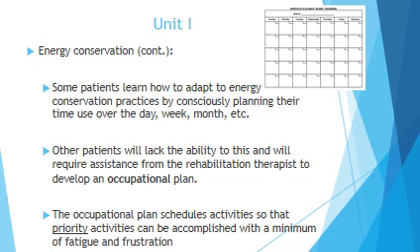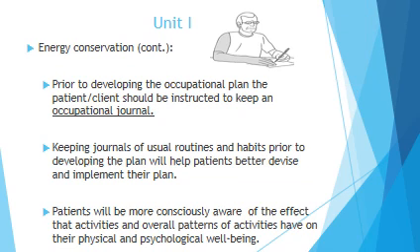The occupational plan schedules activities so that priority activities can be accomplished with a minimum of fatigue and frustration. Prior to developing the occupational plan, the patient or client should be instructed to keep an occupational journal. Keeping journals of usual routines and habits prior to developing a plan will help patients better devise and implement their plan.